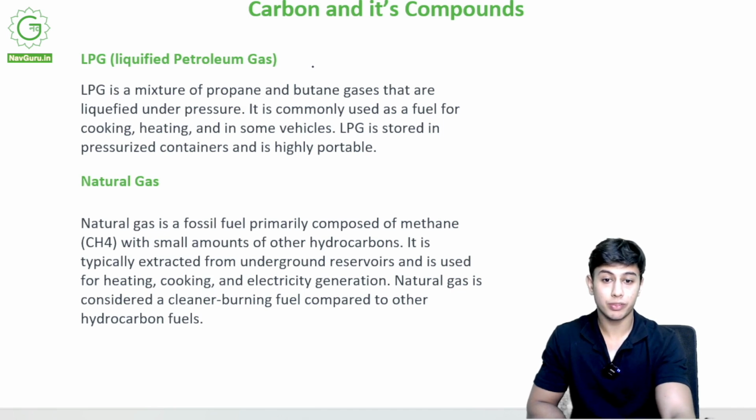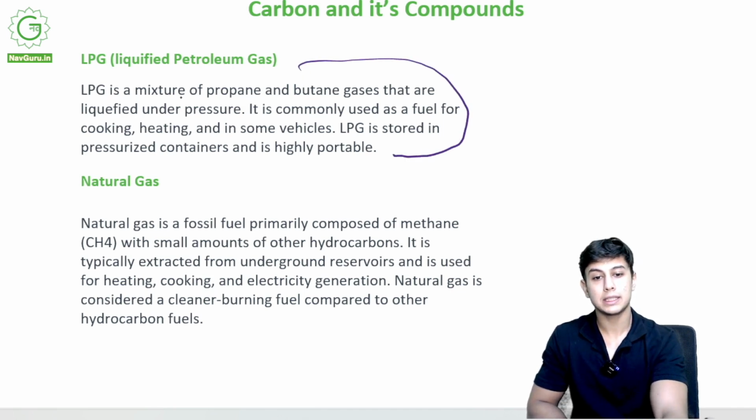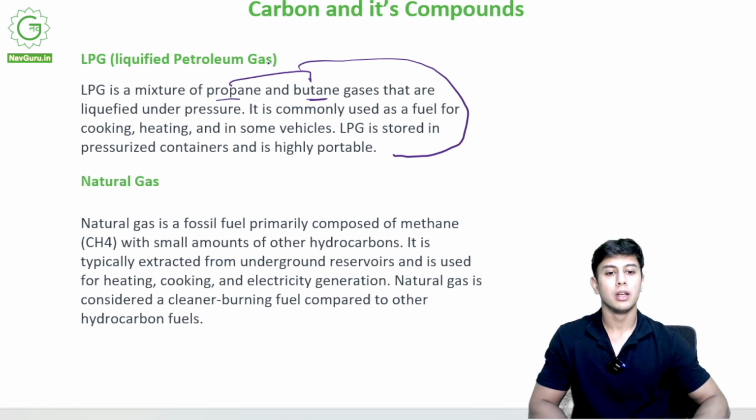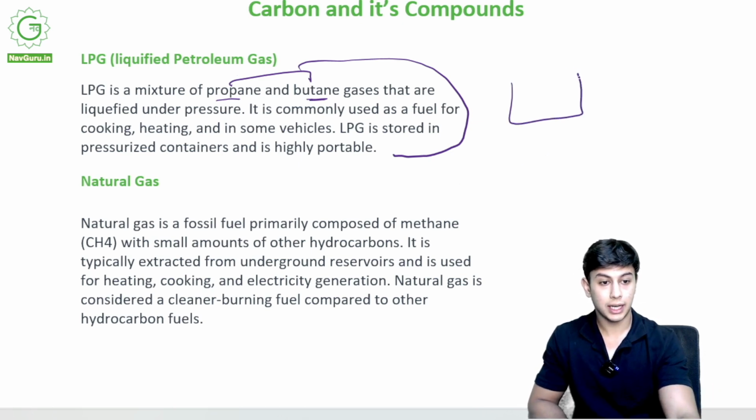LPG, liquefied petroleum gas. LPG is a mixture of propane and butane. These are two hydrocarbons, just remember the name. They are gases that are liquefied under pressure. Supposedly there is some gas over here, these are gas molecules.